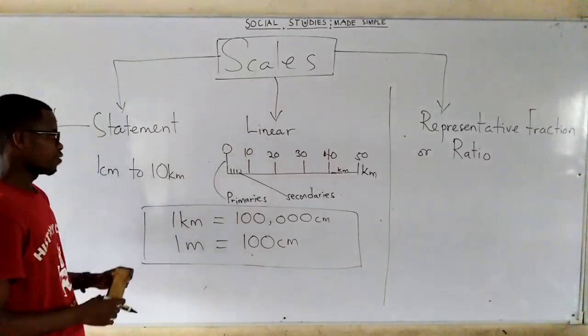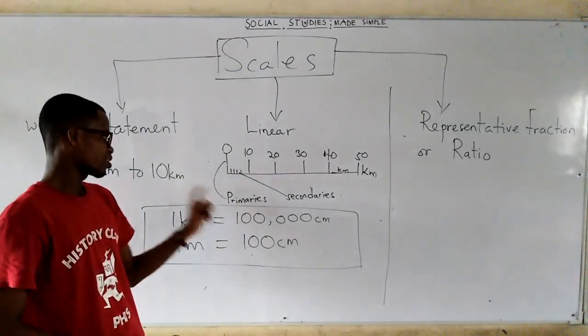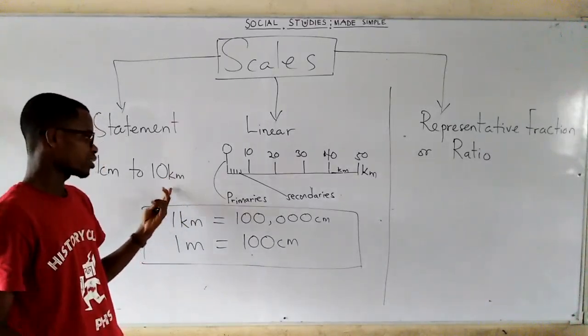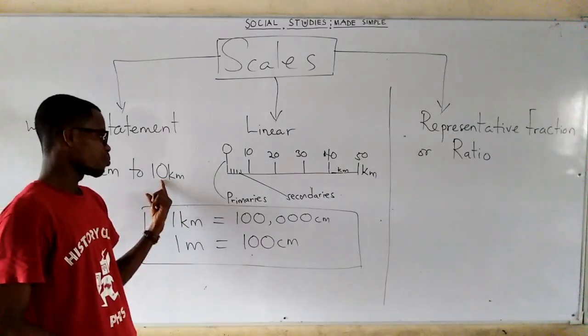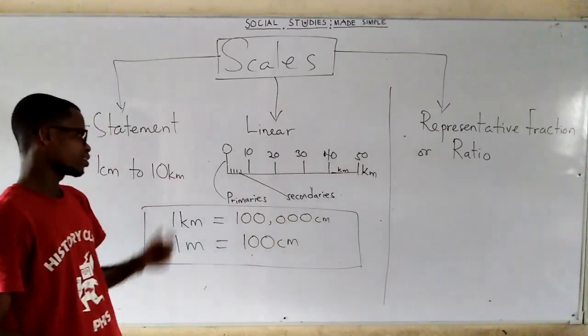Okay, so if you have 10 kilometers, how many centimeters can make the 10 kilometers? And it is simple as that. What you do is that you just multiply this by this.